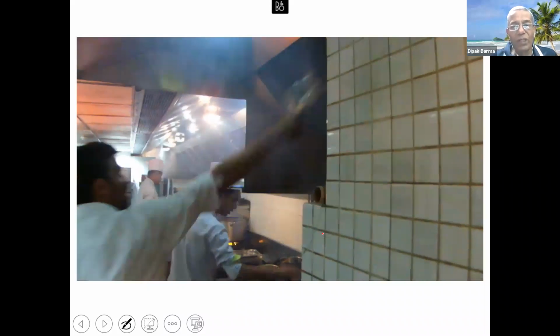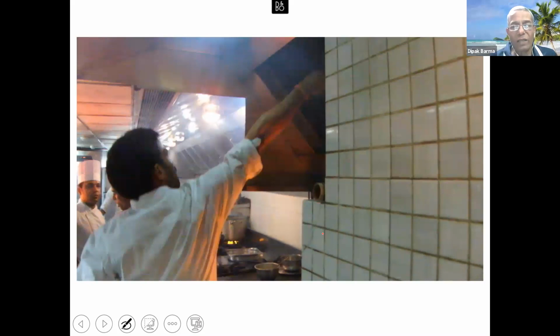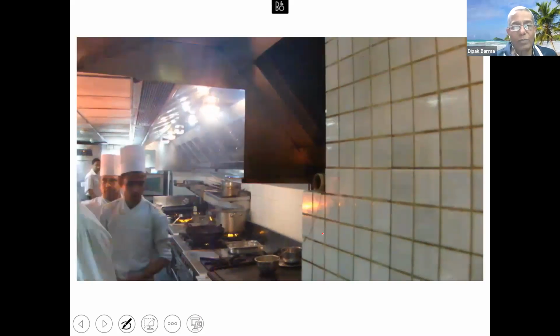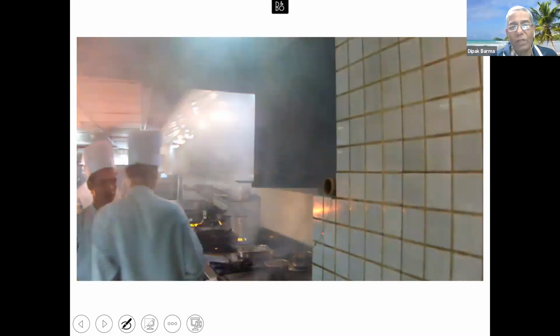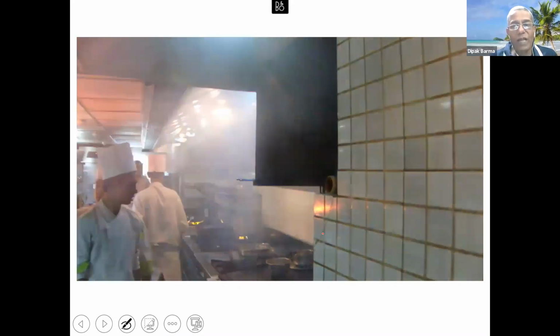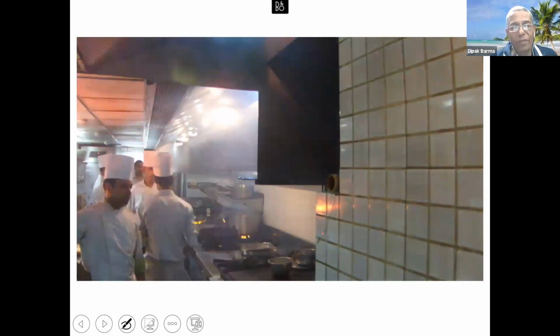Even with certain bursts of putting water in the tandoor, which was sudden heavy steam, it was getting sucked out in no time.